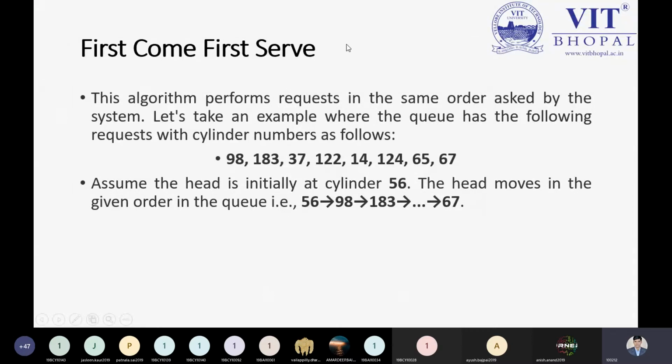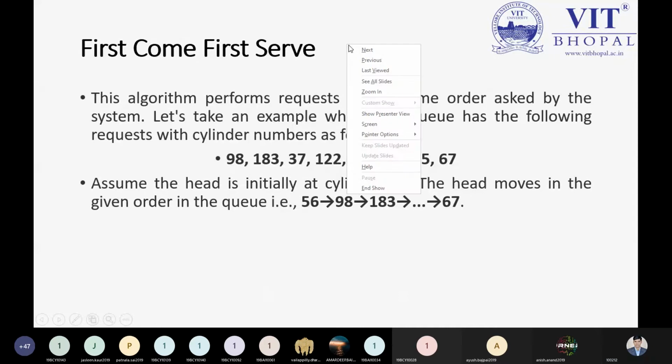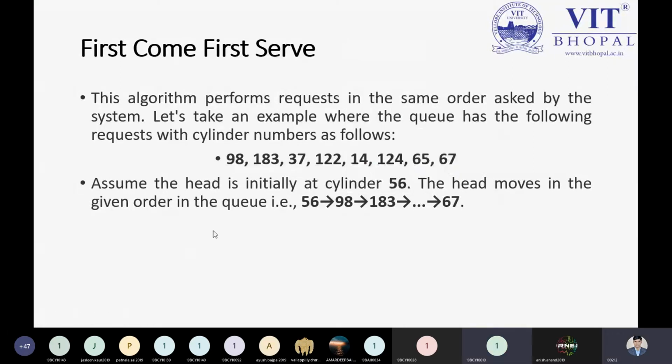Which is our initial point? 56. Good, 56 is the initial point. For first come first served, the next is 98, and after 98, definitely 183, and so on, up to 67.